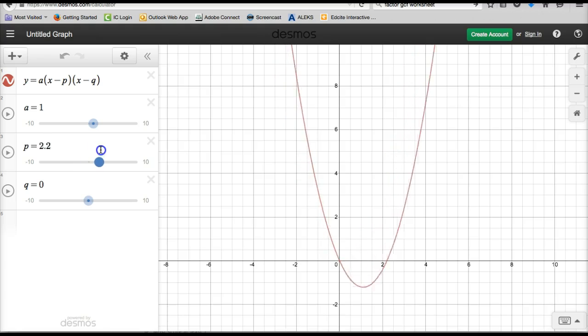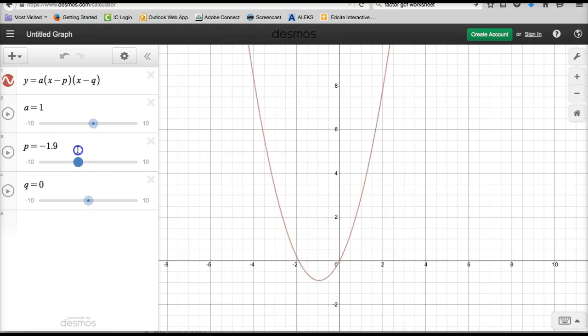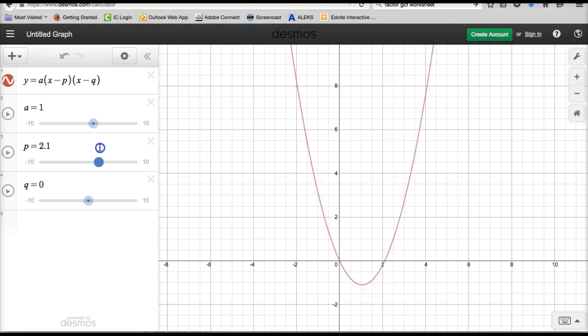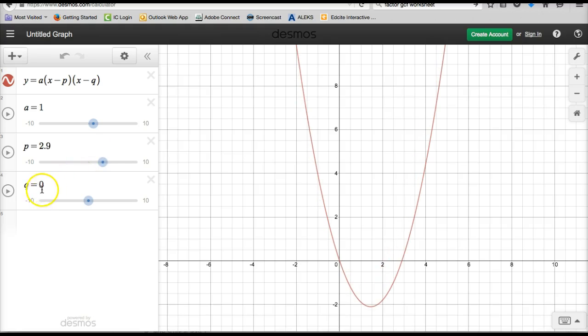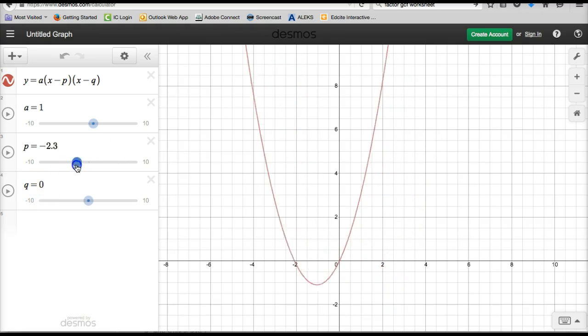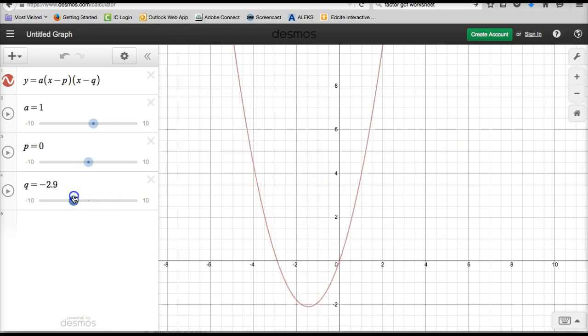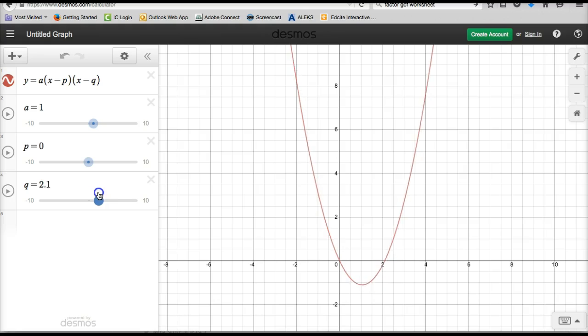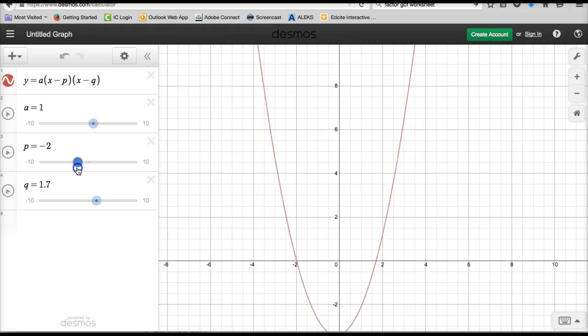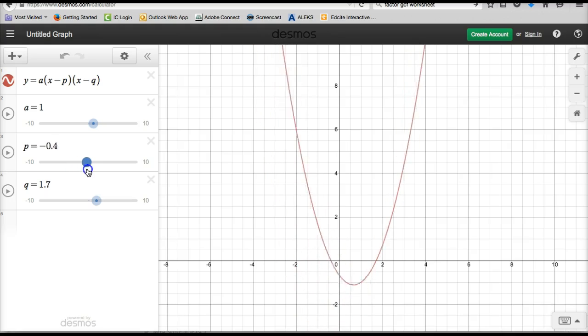So as I slide that around, it changes one of the x-intercepts. You'll notice the other x-intercept is still 0. That's why it's kind of doing this funky dance here. I can do the exact same thing with the other one, or I could do it with both. So now I have two different ones.